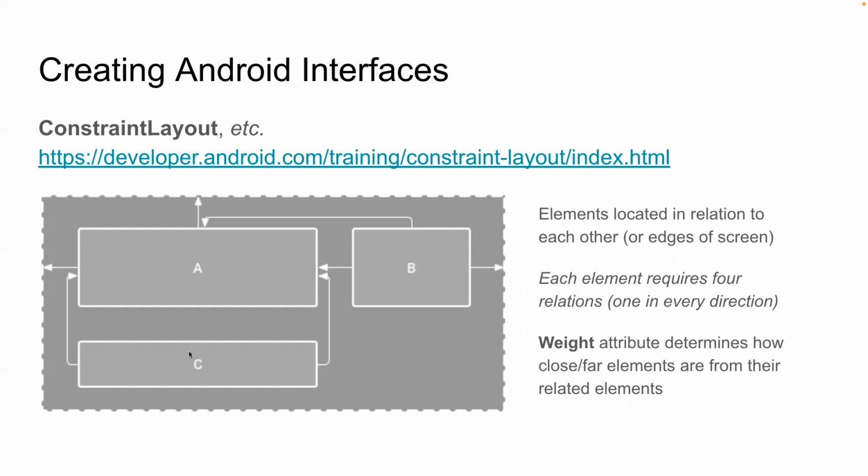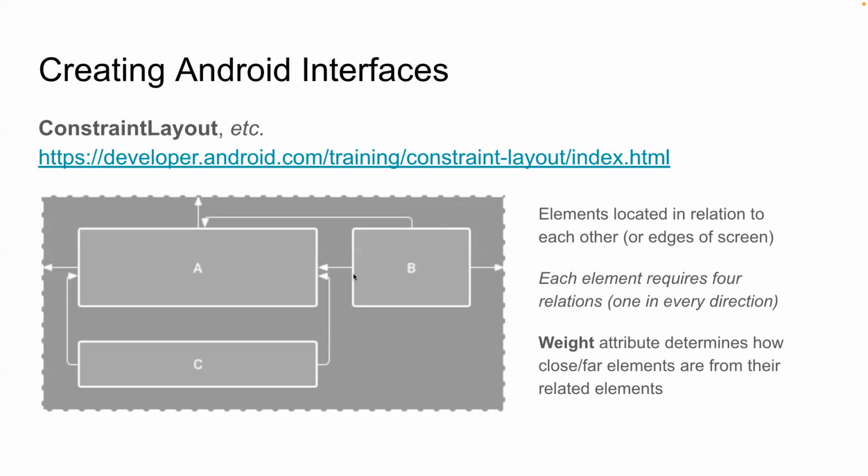Element C: the start of element C is aligned to the start of the parent. The top of element C is aligned to the bottom of element A. So that is why element C is beneath element A, because its top is aligned to the bottom of element A. And the end here, in this case, would be aligned to the end of the parent, or it could be aligned to this depending on the length.